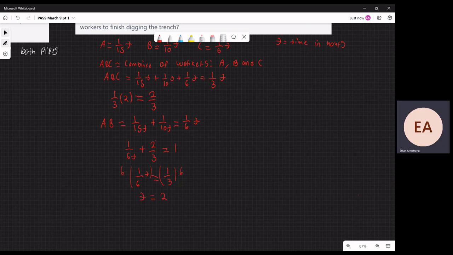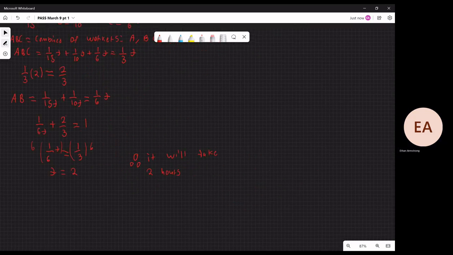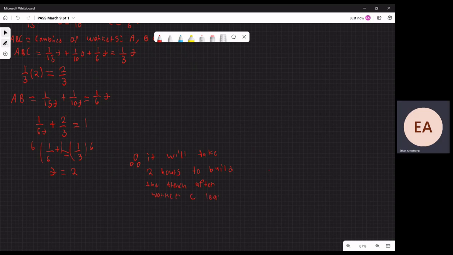And then we just write our statement: therefore, it will take 2 hours to build the trench after worker C leaves.